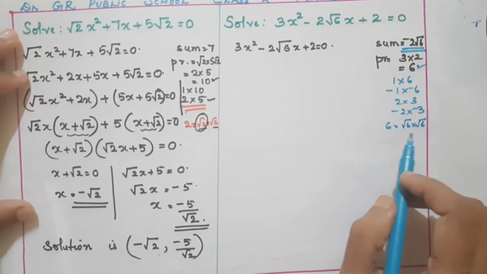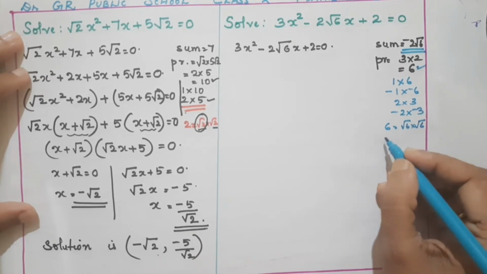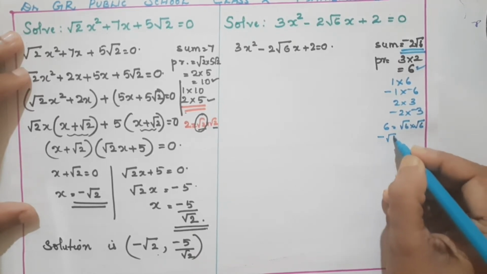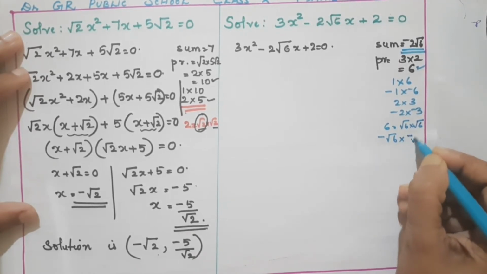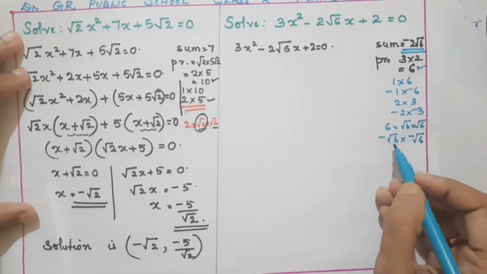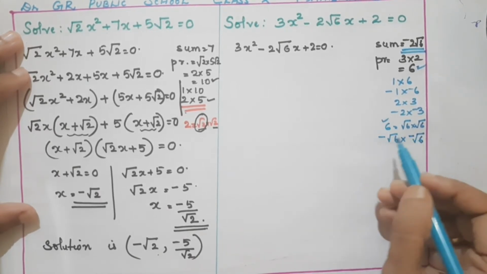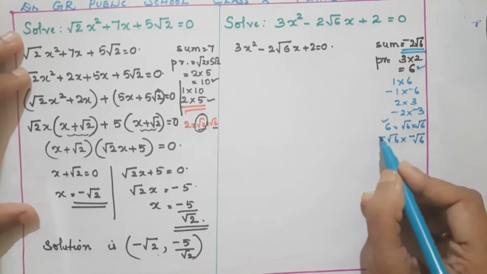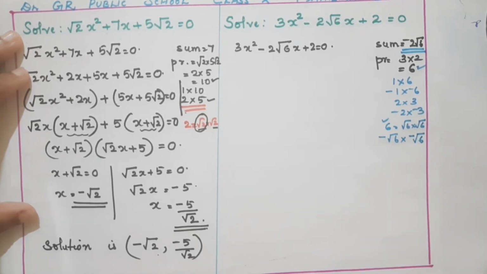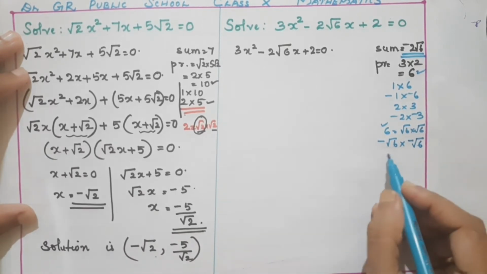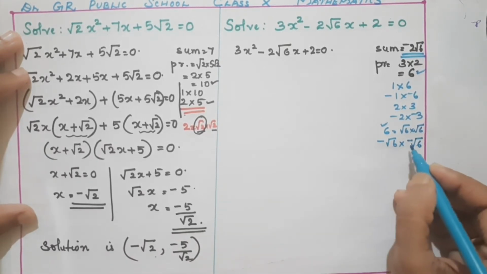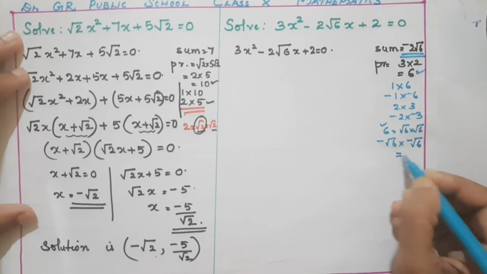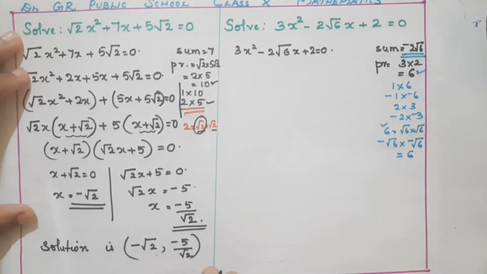And another possibility, minus root 6 into minus root 6. This is also product is 6. Root 6 into root 6 is 6, negative into negative, positive. So minus root 6 into minus root 6 is also positive 6.